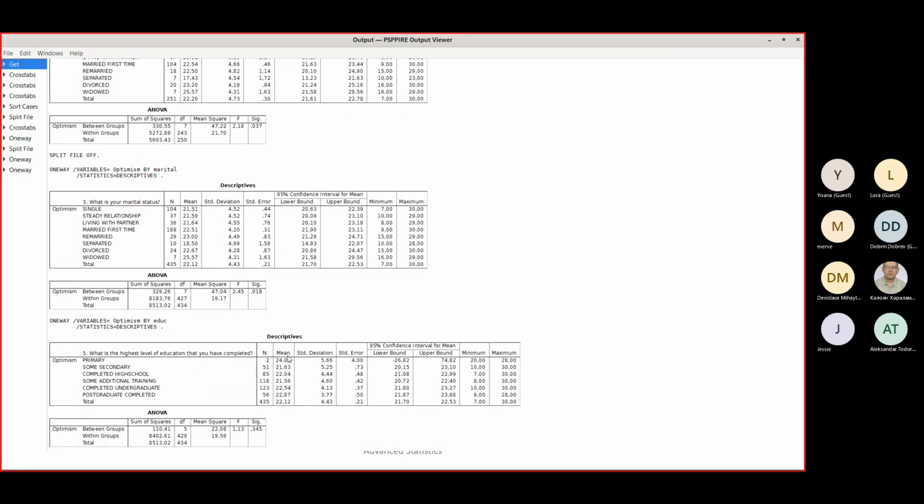So here we have mean scores in each group, and we can trace the direction. So educational level increases from primary to postgraduate completed, but mean score decreases, after that increases, after that decreases again, after that increases, and after that increases again.